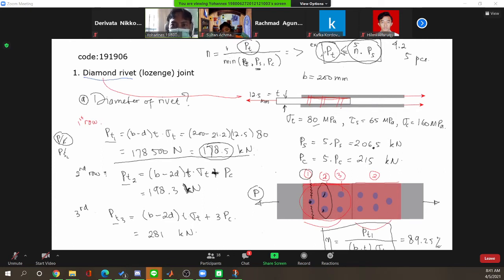So this becomes the weak point of the joint.